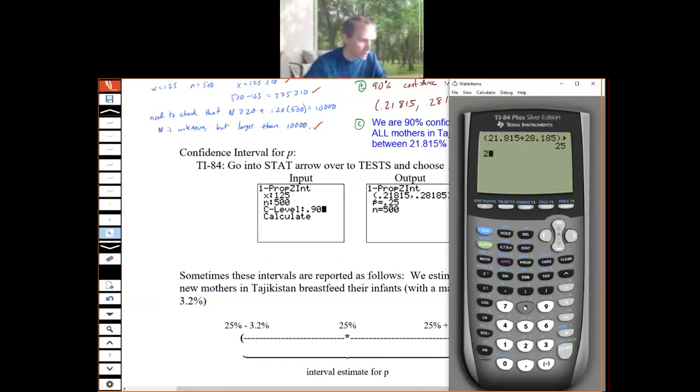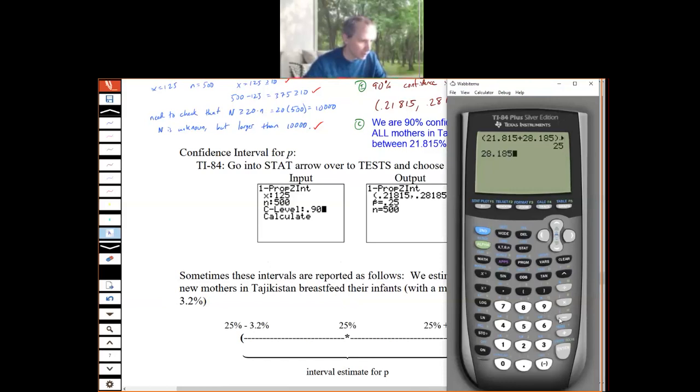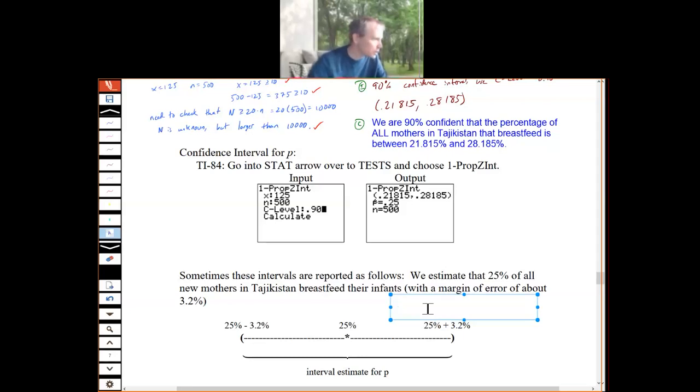Okay, so if I take 28.185 and I subtract 25, I get a distance of, we'll just round that, about 3.2. So we'll say this distance here is about 3.2%. And the same thing on the other side, the distance is 3.2%.